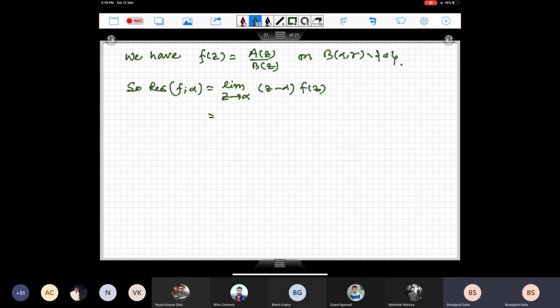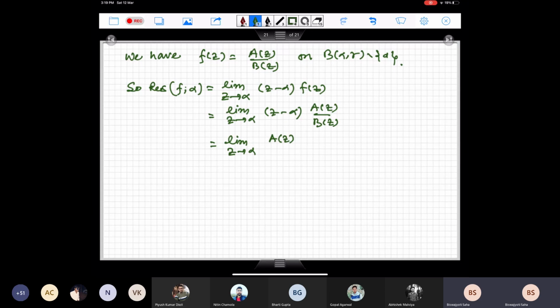Now I can replace f by a(z) by b(z). Will you agree to that? Yes, sir, because it is valid in the deleted neighborhood. So this is the limit as z tends to alpha. Let us keep a(z) as it is.